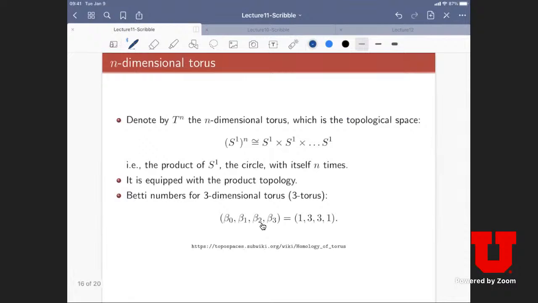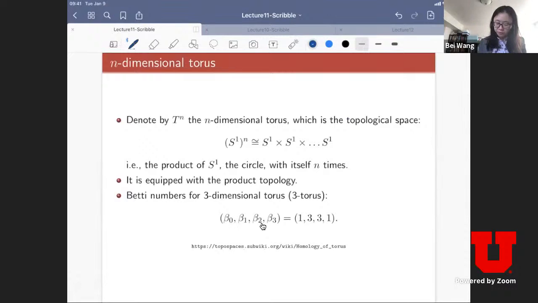A 2-torus, a two-dimensional torus, is what you get by gluing the top edge with the top edge and the left edge with the left edge. But it can also be described topologically.